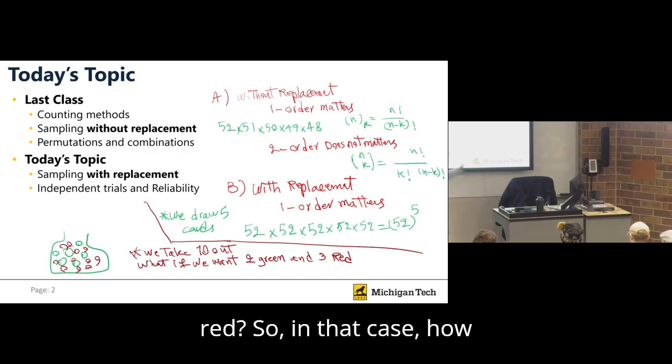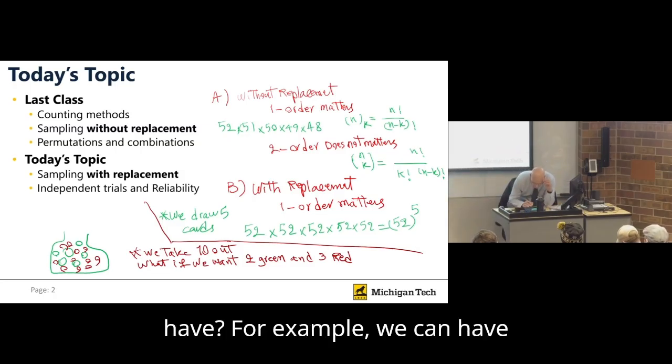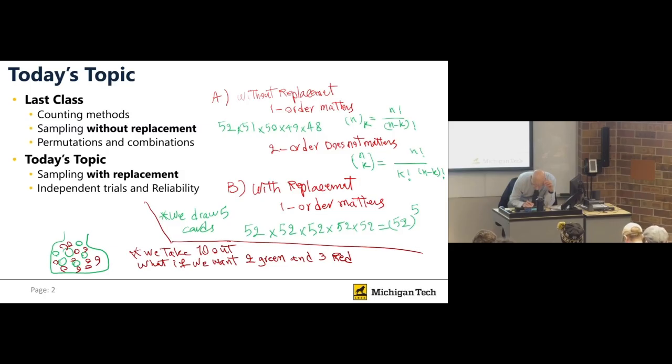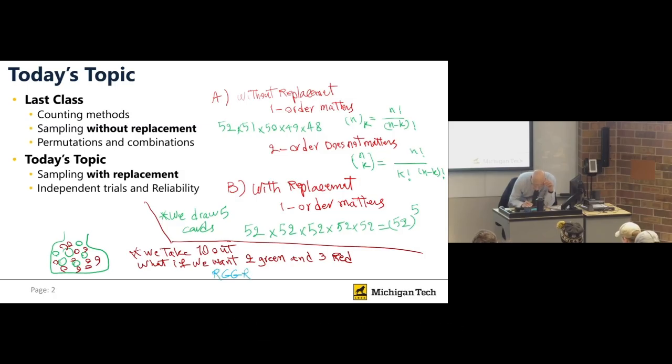In that case, how many situations are we going to have? For example, we can have green, red, order matters as well, and like that, green, red, and so forth.